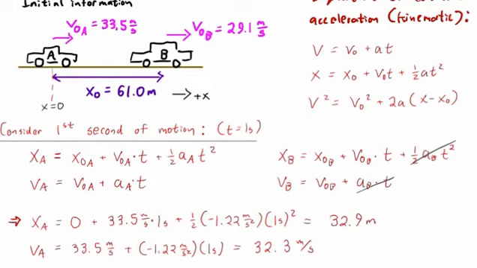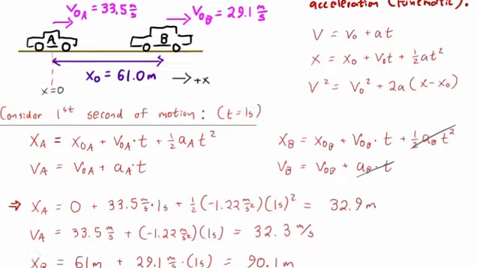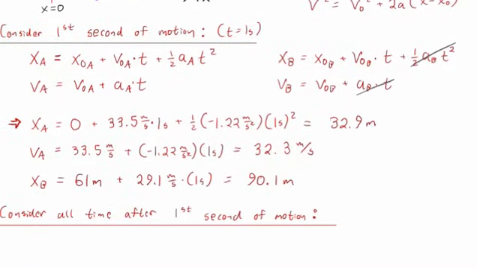So then, consider all time after the first second of motion. Let me scroll down so you can see it. So consider all time after the first second of motion.